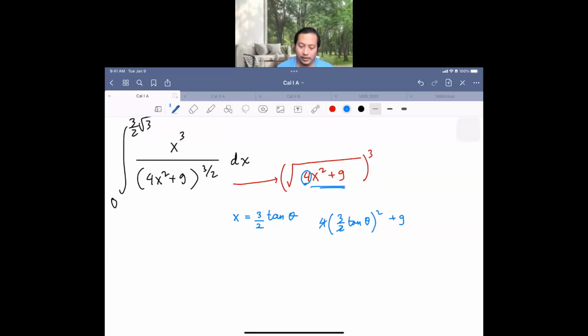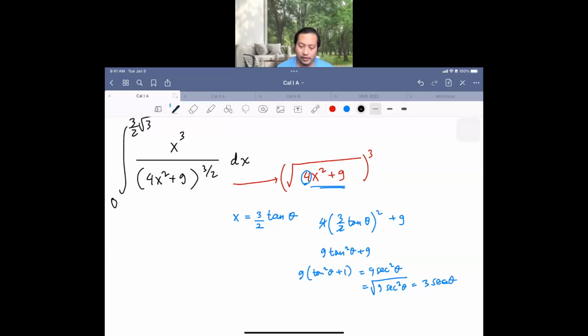This will turn out to be cancelled. So we have 9 tangent squared theta plus 9. Okay? And then from here, we get that this will be equal to 9 secant squared theta. And if we square root this, it will be 3 secant theta.